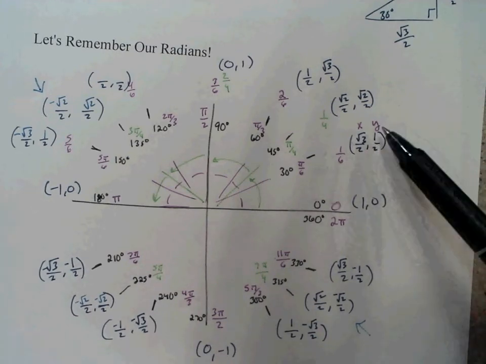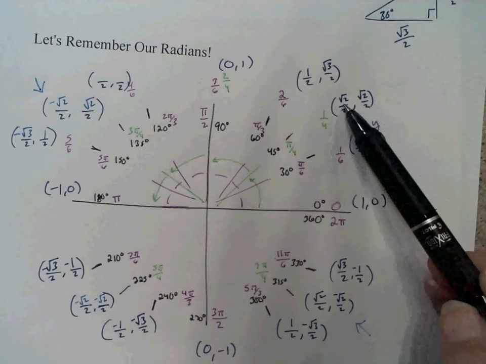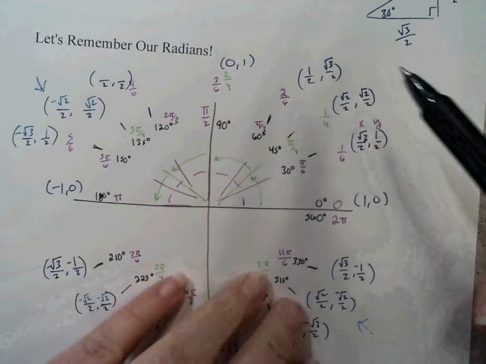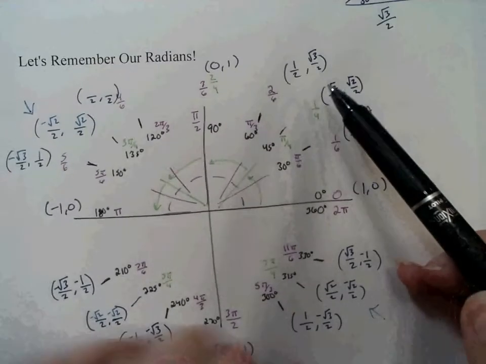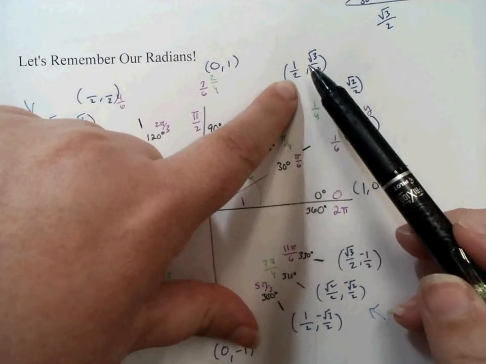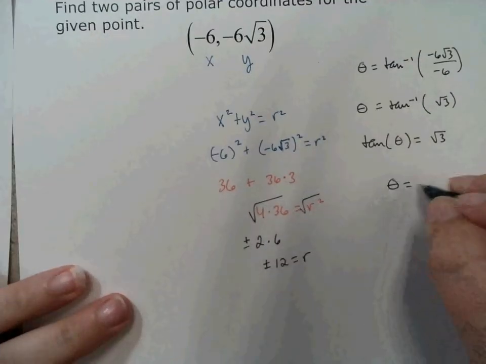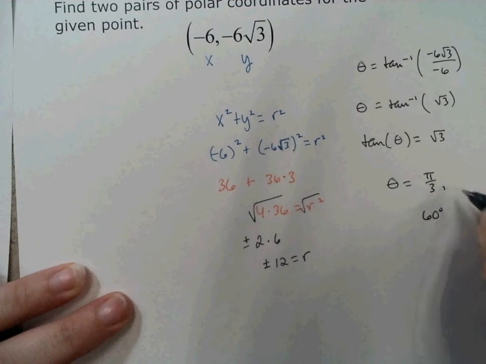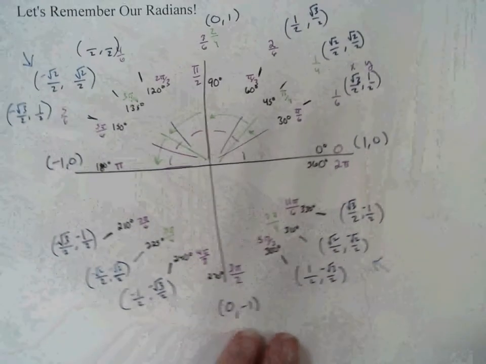The square root of 3 is gotten by saying y divided by x, where the square root of 3 is the y. So 1 divided by the square root of 3, square root of 2 divided by square root of 2, square root of 3 divided by 1. This one, right? So I need a positive square root of 3, and this one would give me that, so that would be pi over 3. If in radians, I would say that. If I was in degrees, I would say this.